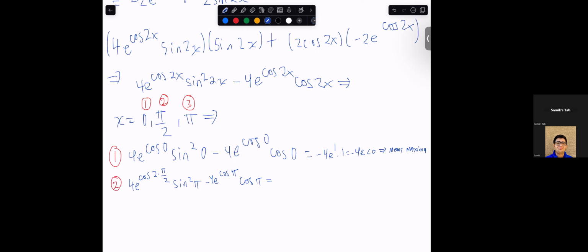For the trigonometric tables, I'm sure you have done this before, but if you need to brush up on it, then please do. This is a must for JEE, and for IB also it is a must, to be honest. So this will be minus 4e raised to minus 1 into minus 1, which is 4e^minus 1, which is 4 upon e. And this is greater than 0. This means minima.